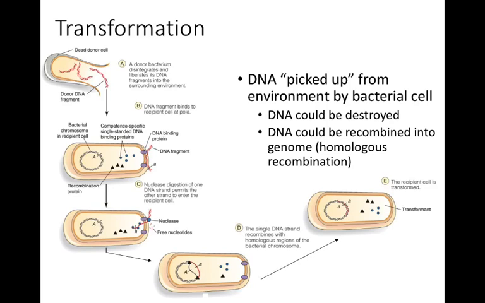Well, there's a couple of things. One, they've got to have a transport protein that allows for the DNA to come into the cell. Not all bacteria have that. So this is a restrictive step. We've also got to have this nuclease here as well.